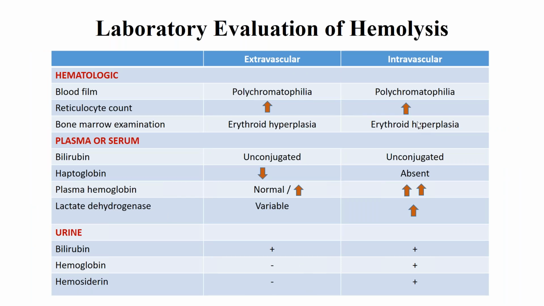So the main feature in intravascular hemolysis is that hemoglobin and hemosiderin concentration is high in the urine, while the bilirubin is higher in extravascular hemolysis. Then the haptoglobin levels are decreased in extravascular while they are almost absent in intravascular. So these are the small clues which will help you to identify the main cause of the hemolysis.